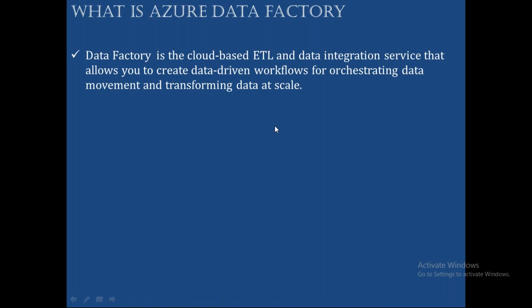So you need to organize whether to copy these two tables parallelly or serially one by one. Once you move the data, you are going to transform this data at scale. It doesn't matter how much data you have, everything you can transform by using Azure Data Factory.